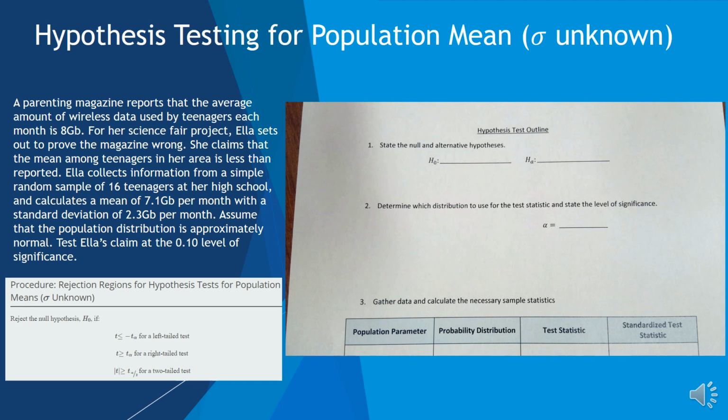Alright, now I'm going to look at my rule for rejection region method. It says rejection regions for hypothesis tests for population means with sigma unknown. It says that we are going to reject H0 if t is less than or equal to the negative critical t value for a left-tailed test. So we're going to have to calculate our critical t value.